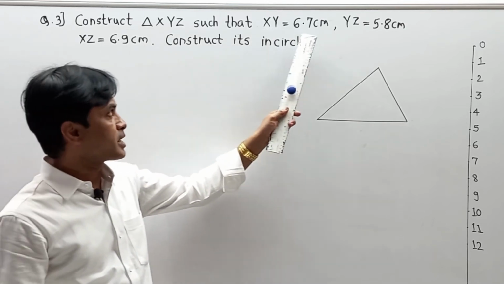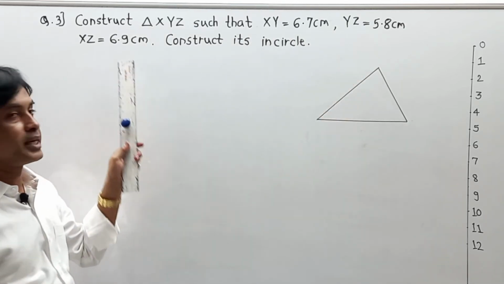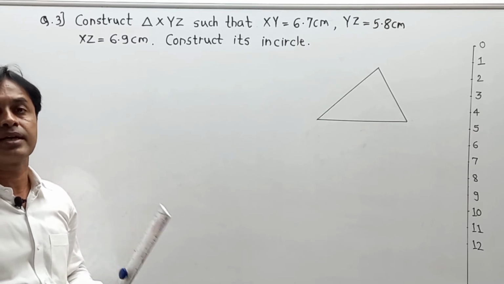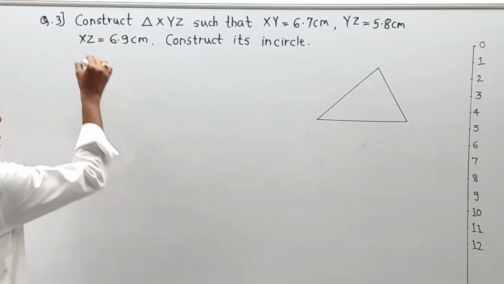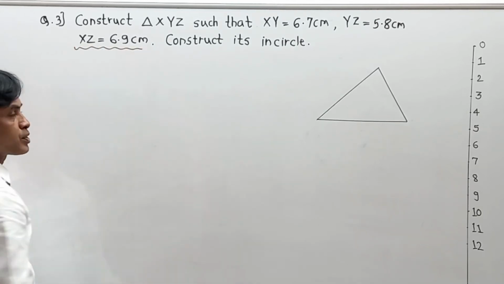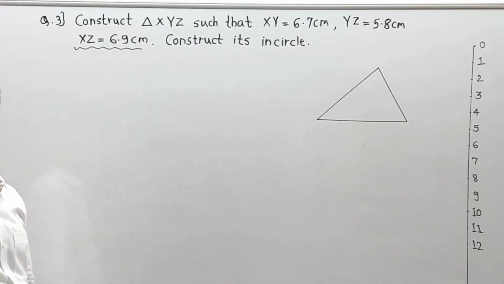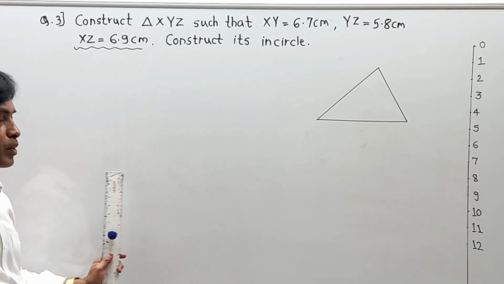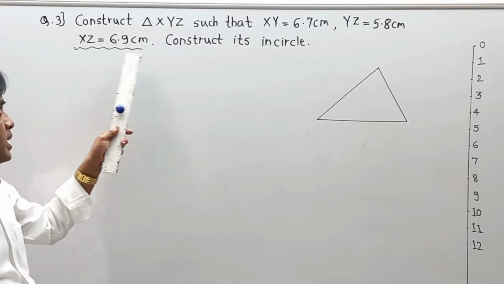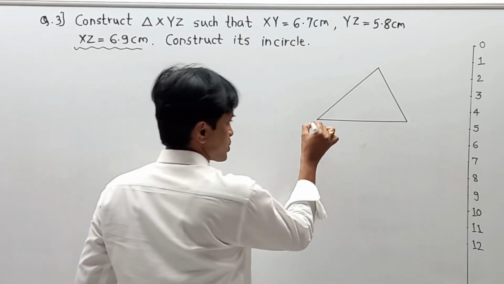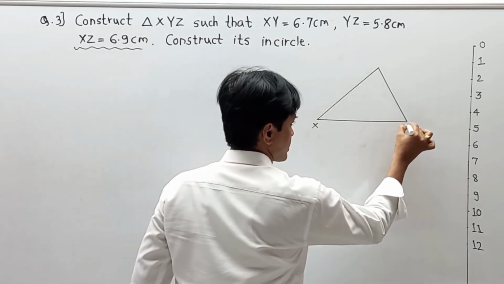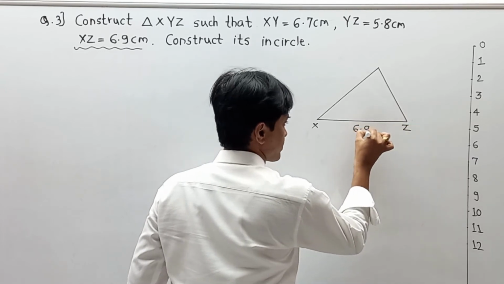Among XY, YZ and XZ, all the distances that we know, the largest one is XZ, that is 6.9. That's why I am going to draw it as a base, because I can draw the diagram properly with the help of that. Let us say XZ is 6.9.